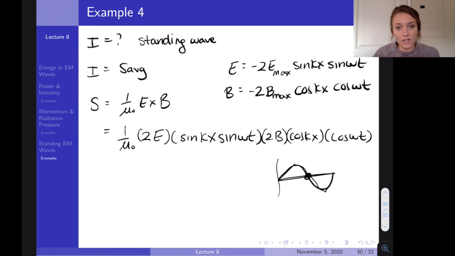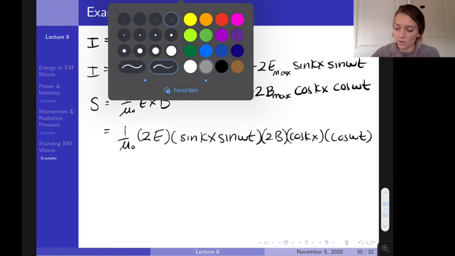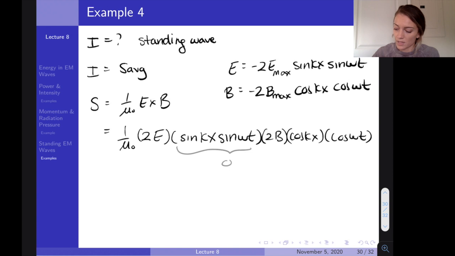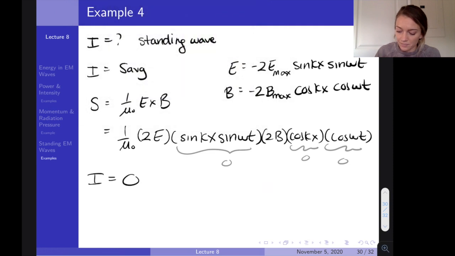Whereas before when we had that sine squared, it never went to the negative side because we were squaring it, so the average value was 1/2, not 0. So the time average is actually 0 for each one. So our average intensity of a standing EM wave is 0.